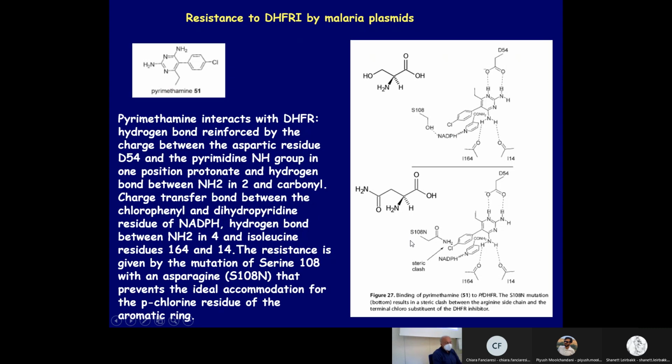And so you can understand how a slight modification, only one amino acid in the binding site, can prevent the right accommodation of an inhibitor, as in this case.